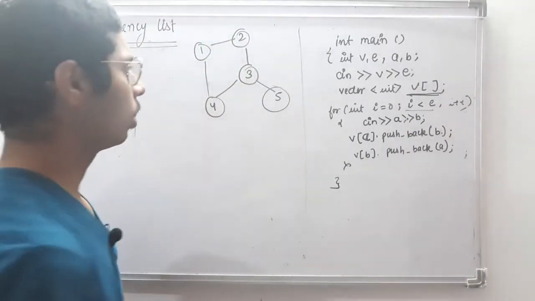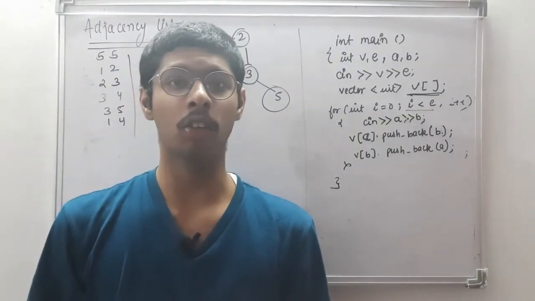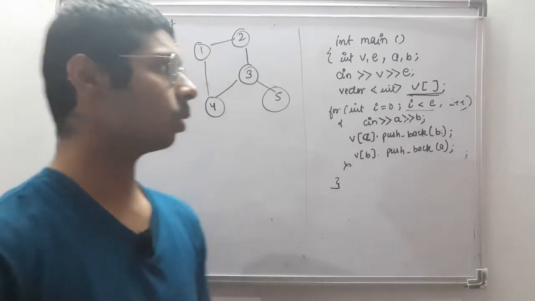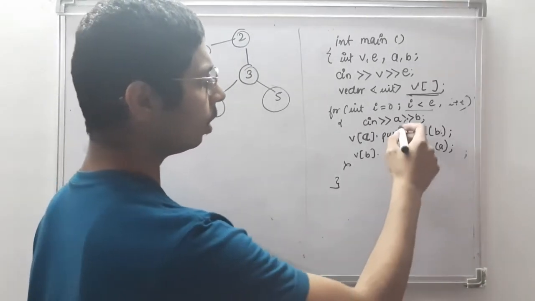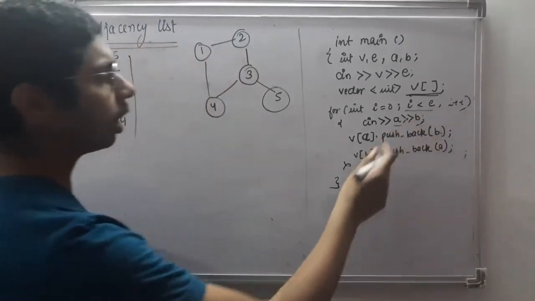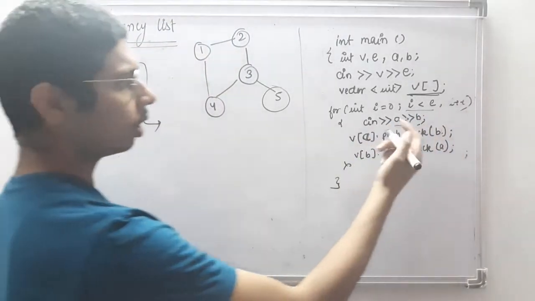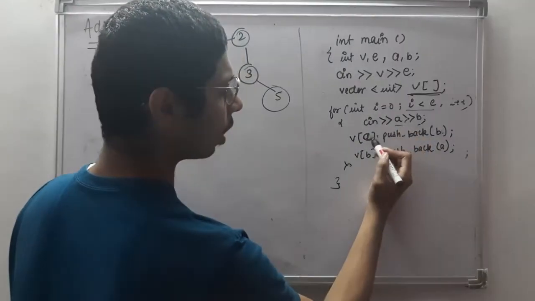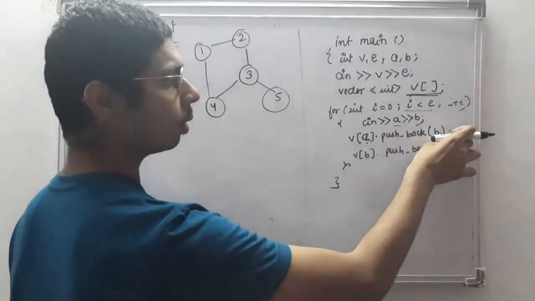There can be many other inputs also, but in this case I made this input case. Okay, so how do we make the adjacency list and how will it look? First of all, we do cin of a and b. When we take the input 1 comma 2, then in vector 1 we push the value b.